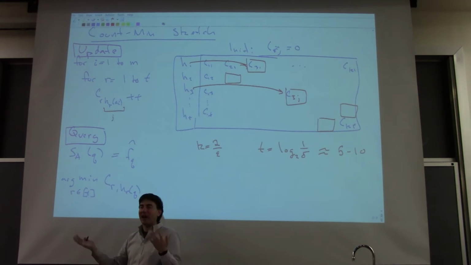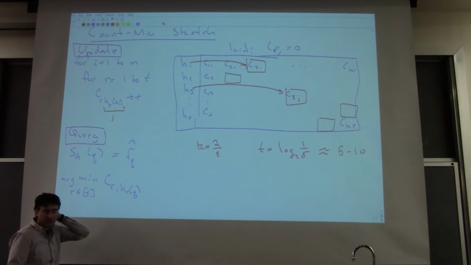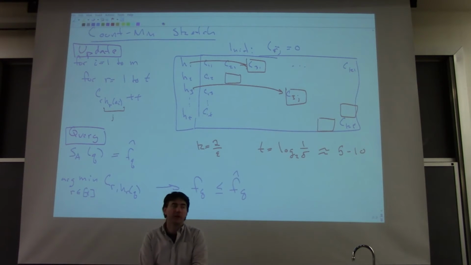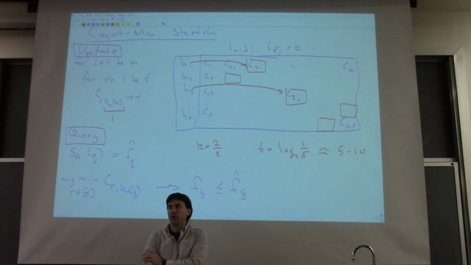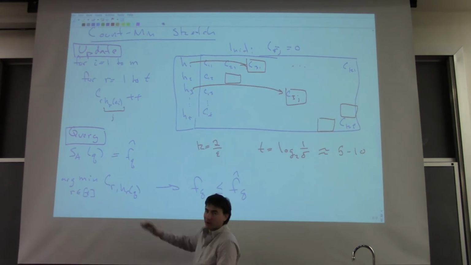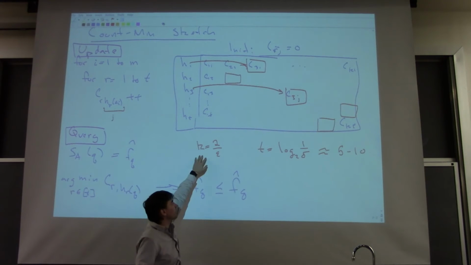So I get error when there are collisions, so I can only get something larger. So my best thing to do is to take the smallest possible value. So if I take the minimum, I already know it's going to be an overestimate. And so if I take the minimum over a bunch of overestimates, this is going to be my best thing. Now the question is, how much of an overestimate is this going to be? And this is going to go into why we chose these values of k and t.